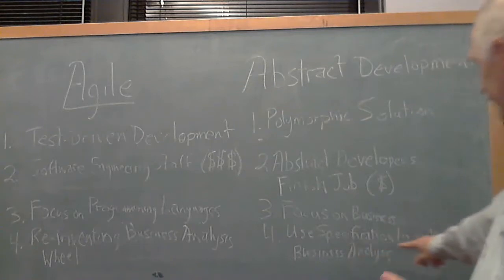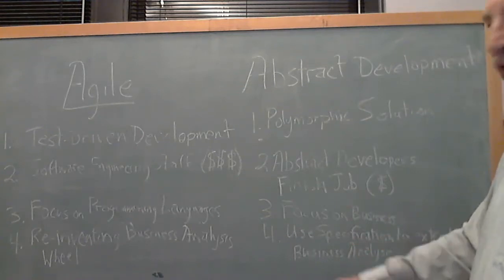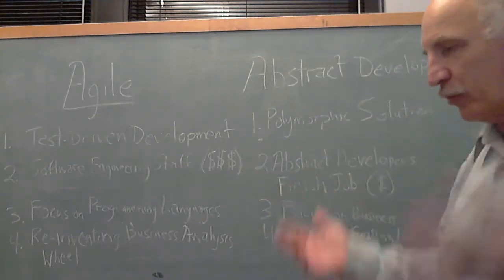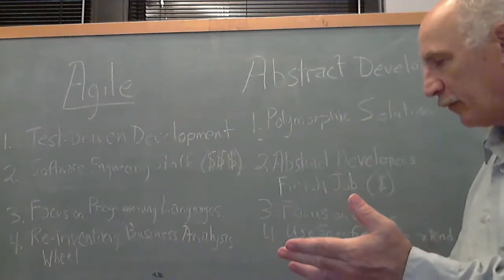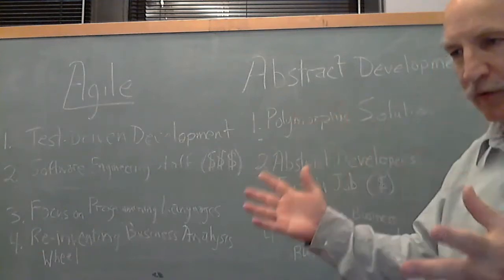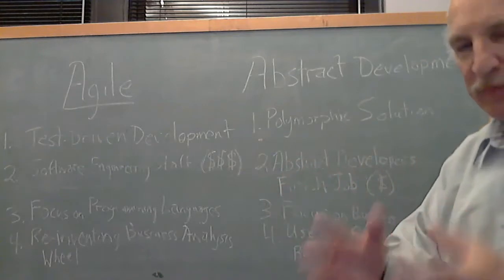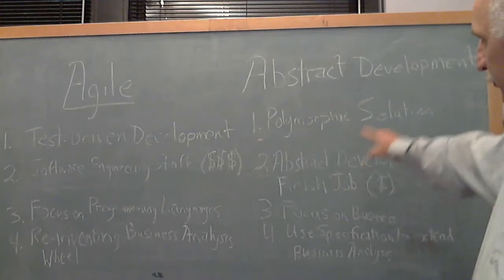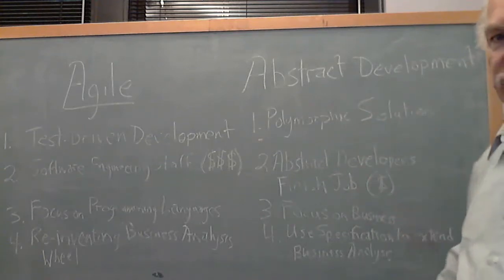They use the specification tool to extend the business analysis. So they have a general solution, they might add a new product, they might add a new metric, a new tool that's within the business model. They can just do that within the abstract development solution by using that specification tool.